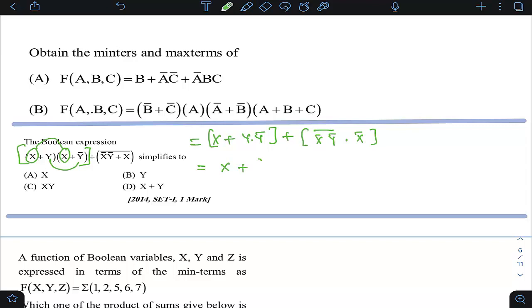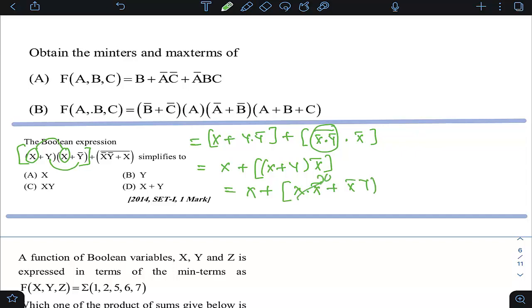So x plus. And if you are using De Morgan's law to this term, it is x plus y, right? X complement, this complement is x, this dot is plus, x plus y, and this is your x bar. So this is equivalent to x plus x bar plus x bar y.